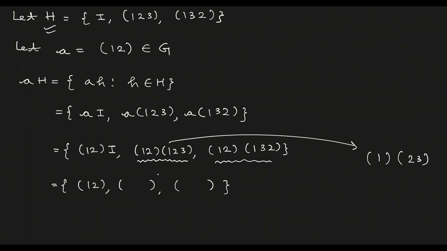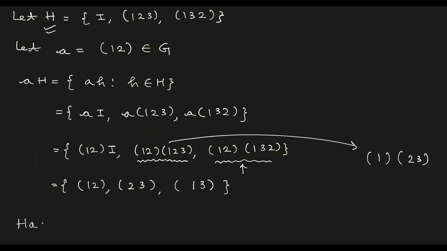So (1 2)(1 2 3) is (2 3), and the last one is (1 3). Yes, (1 3).